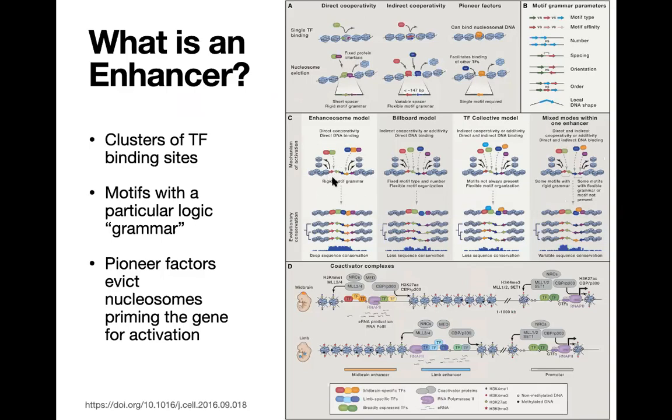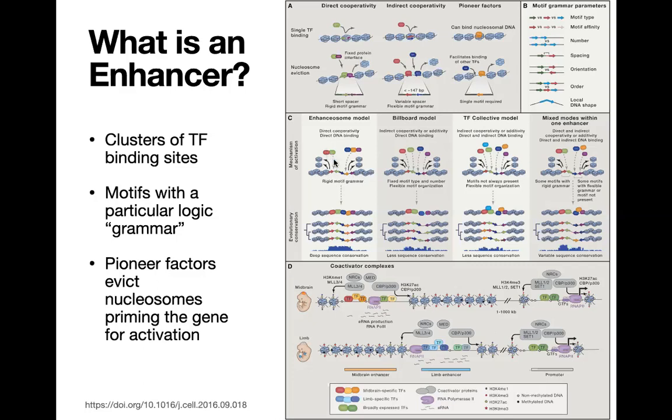Let's say the enhancer is controlling the expression of gene X, and this enhancer has transcription factor binding sites for A, B, C, D, E. Gene X's expression is conditional on the presence of A, B, C, D, E. That is one of the better ways of looking at this.